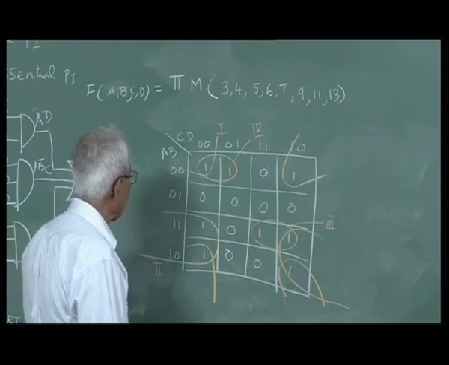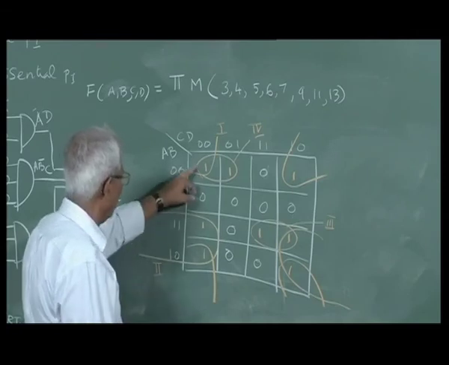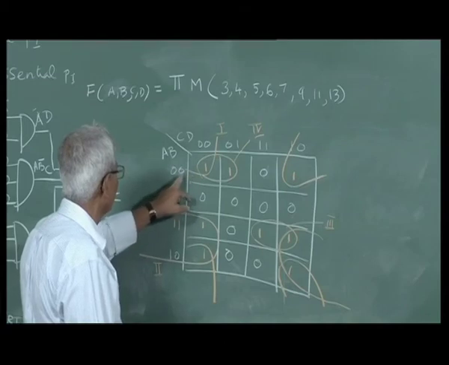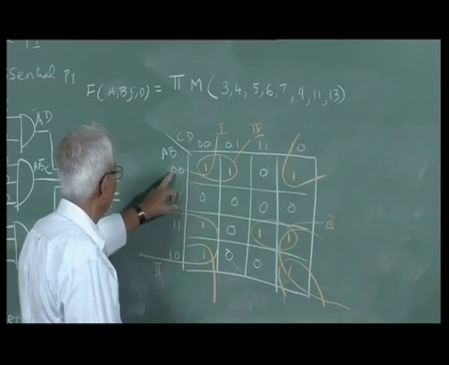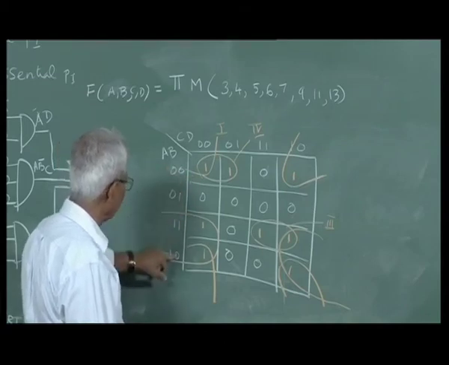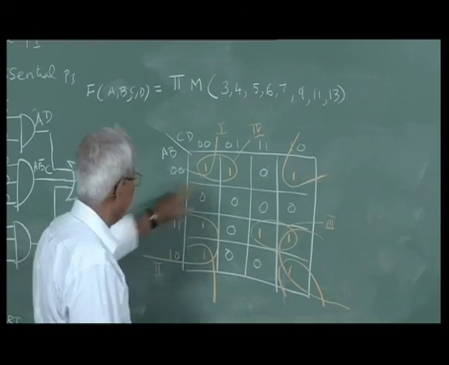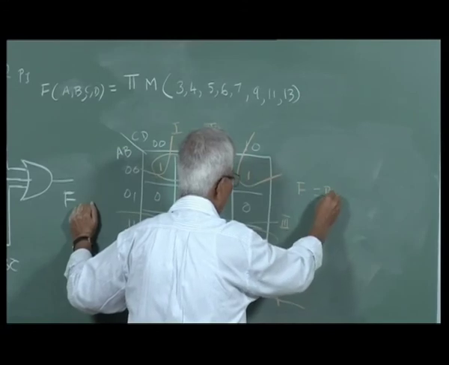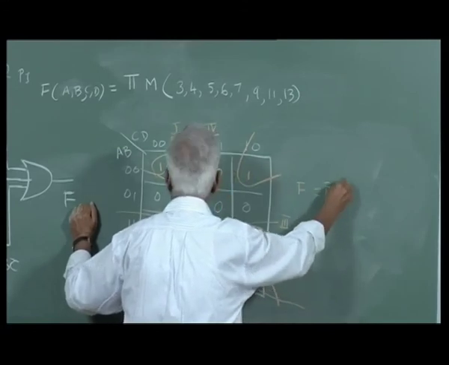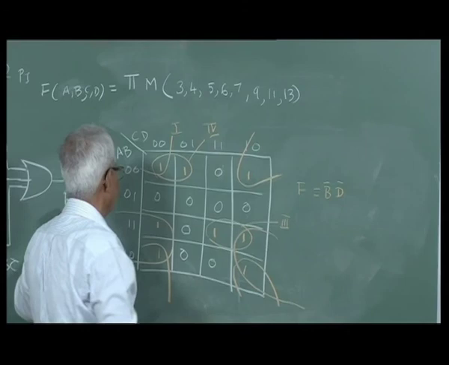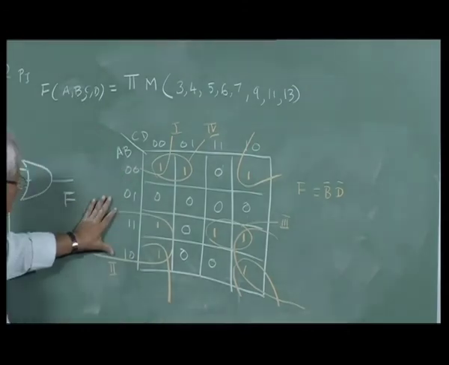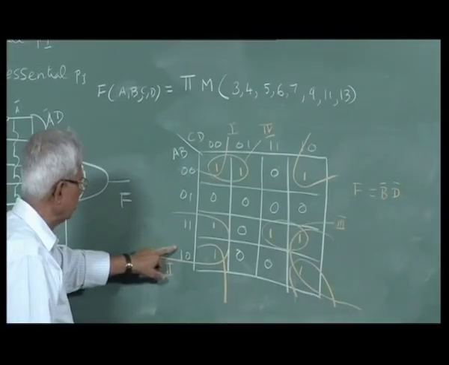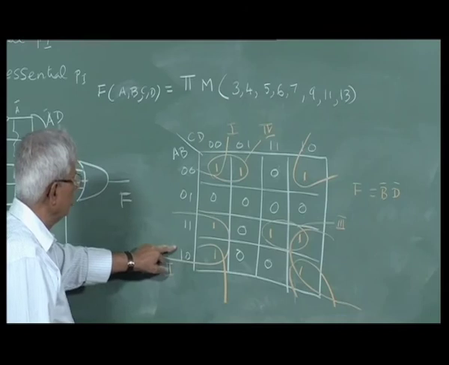Term 1 is all corners, B bar, D bar. Second one is this, A, D bar.